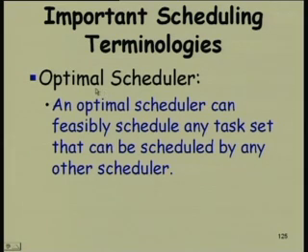And we can extend that terminology to talk of an optimal scheduler. This terminology we will use very frequently. An optimal scheduler is one which can feasibly schedule any set of tasks that any other scheduler can.